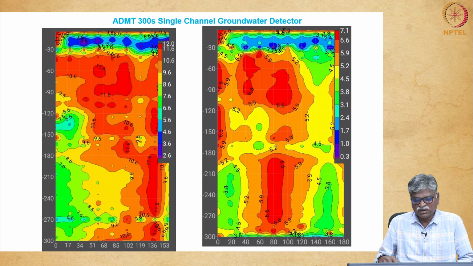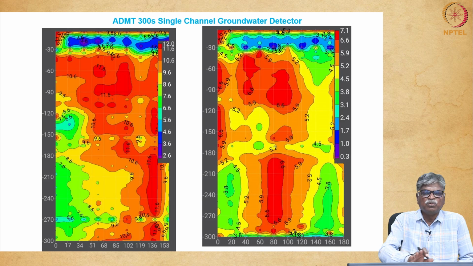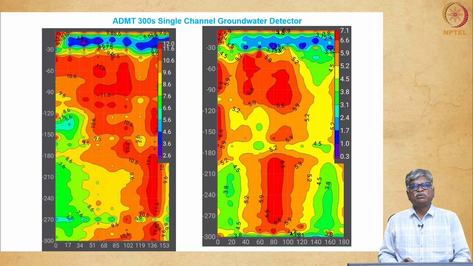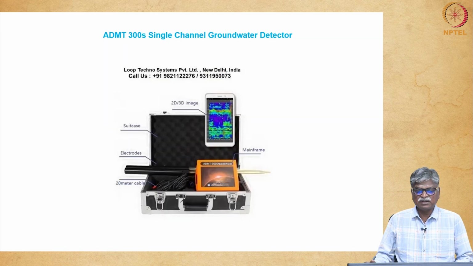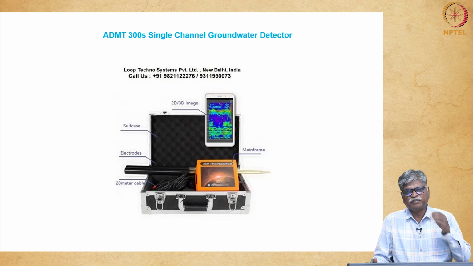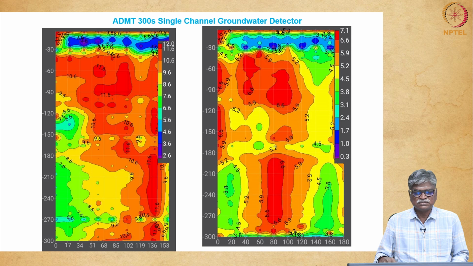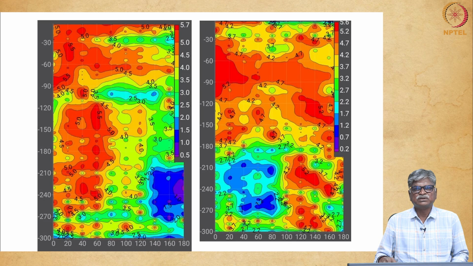Single channel means you will get only a 2D image. If you use multiple channels, you will get 3D imaging. Single channel groundwater information gives this type of figures.